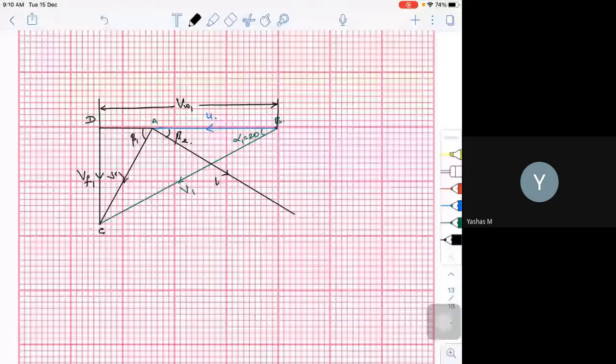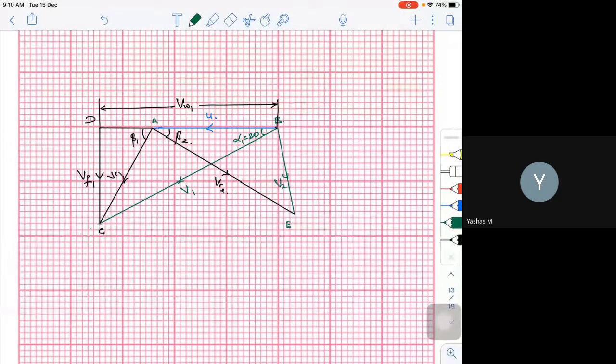Now I need to complete it. I need to get V2. You call this point E. Now join B to E, and this will be your V2.